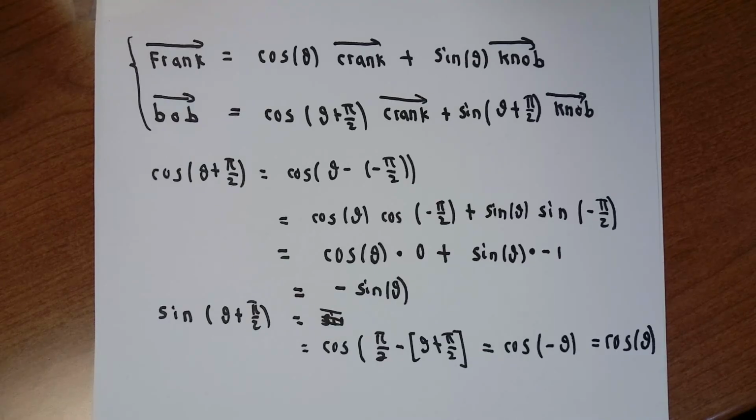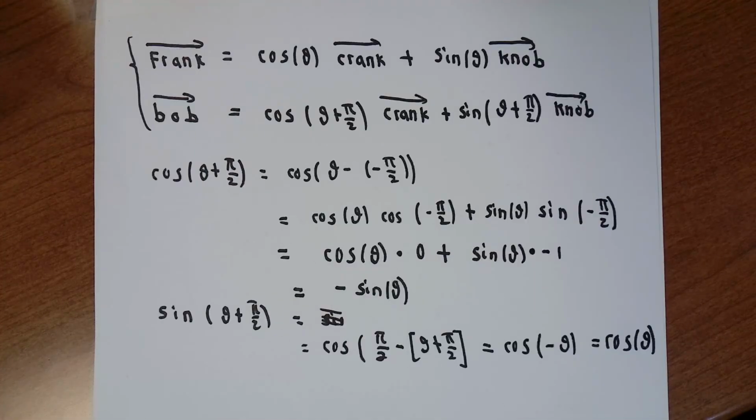Continuing with the silliness, I can write out some equations that relate Frank, crank, knob, and Bob. Don't worry, at the end of the video, we'll go back to using somewhat more serious-looking notation, but in point of fact, Frank, crank, knob, and Bob are perfectly good names.